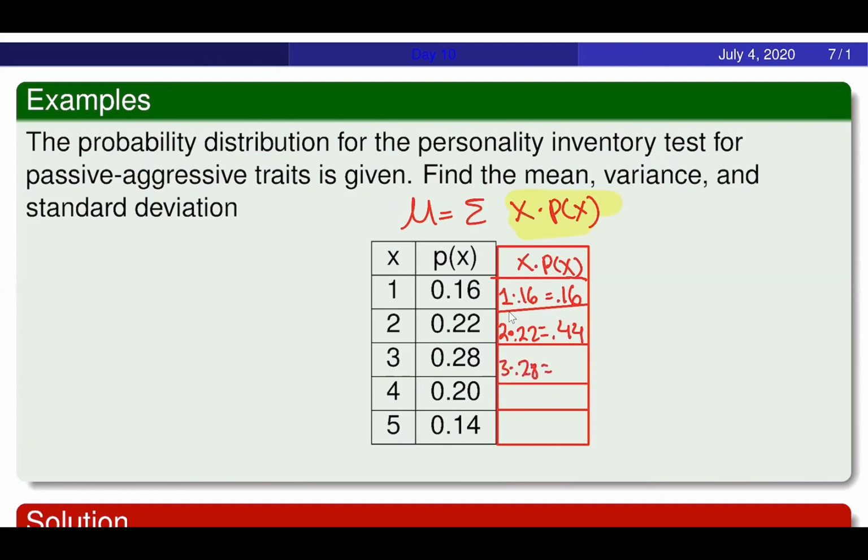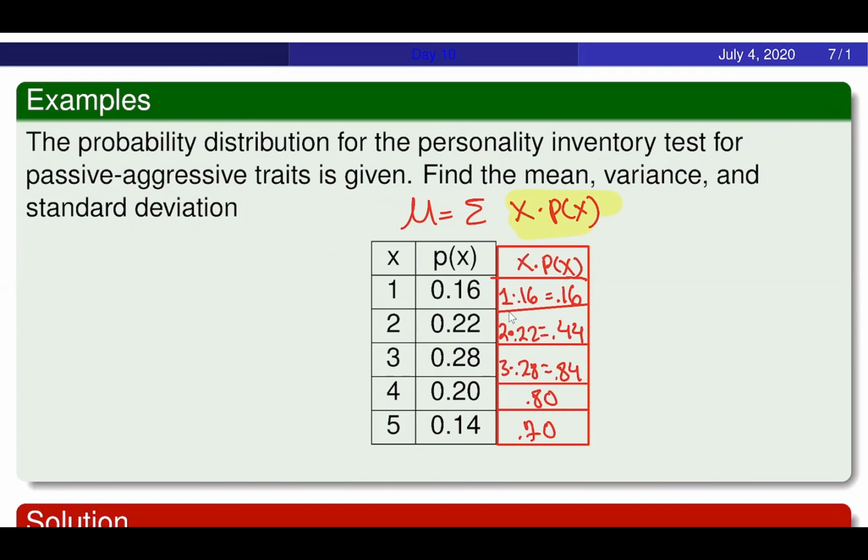Let me get the calculator for this one. 3 times 0.28 is 0.84. 4 times 0.20 is 0.80. 5 times 0.14 should give you 0.70. All right, everybody good on how I got those numbers?